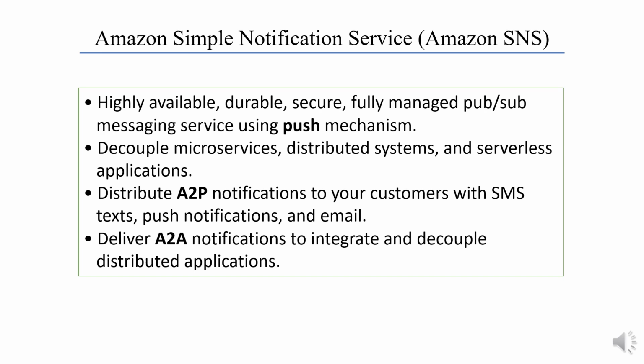Amazon SNS follows the publish, subscribe, pub/sub messaging paradigm, with notifications being delivered to clients using a push mechanism. You can distribute application-to-person A2P notifications to your customers with SMS texts, push notifications, and email. You can also deliver application-to-application A2A notifications to integrate and decouple distributed applications.